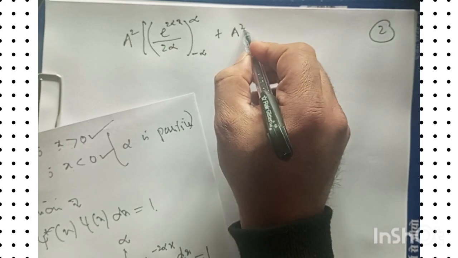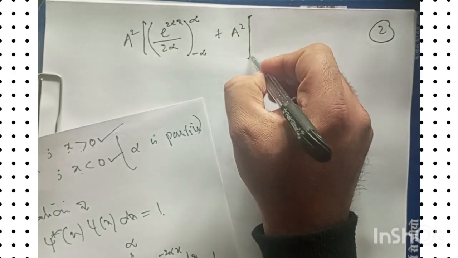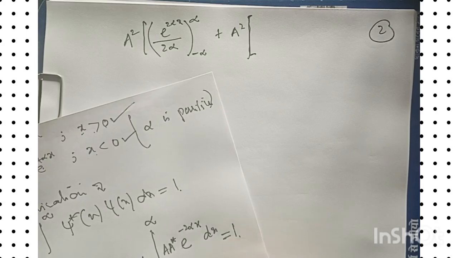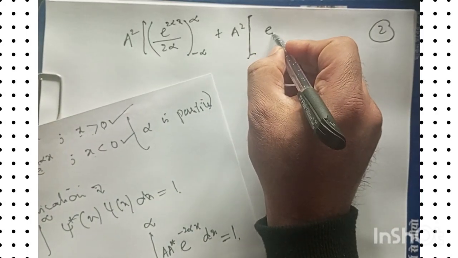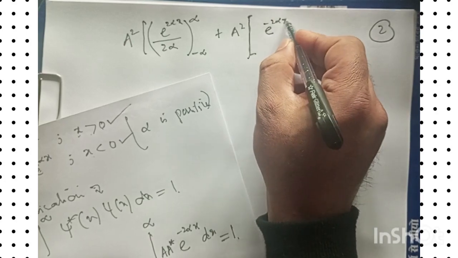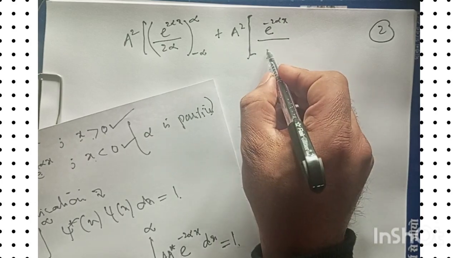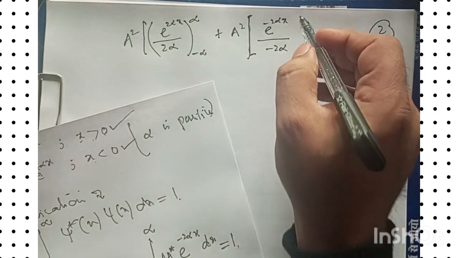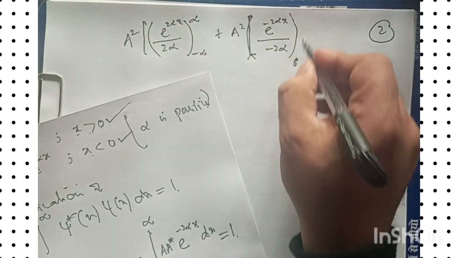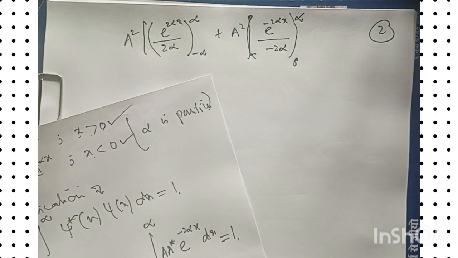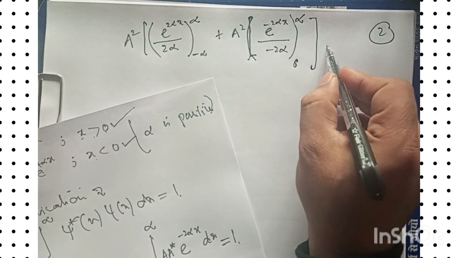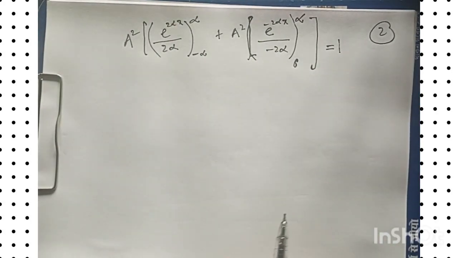Then I add another a squared, and integrate e to the power of minus 2 alpha x. This will be e to the power of minus 2 alpha x divided by the internal derivative, minus 2 alpha, with limits from 0 to infinity. This whole thing should be equal to 1.